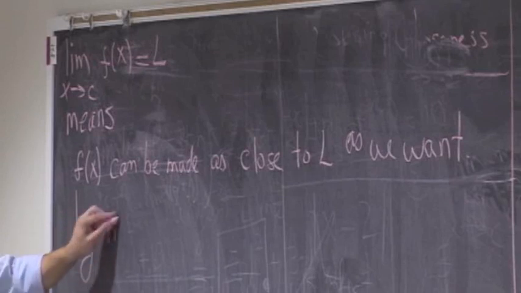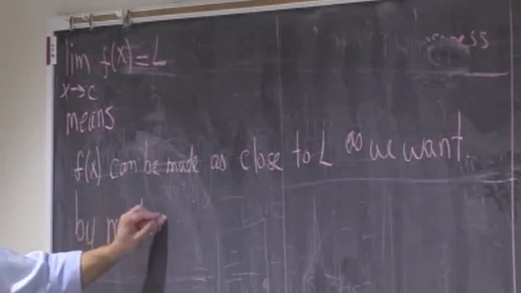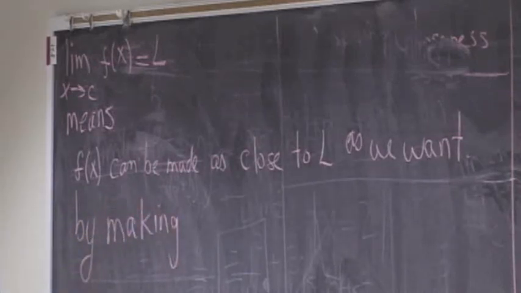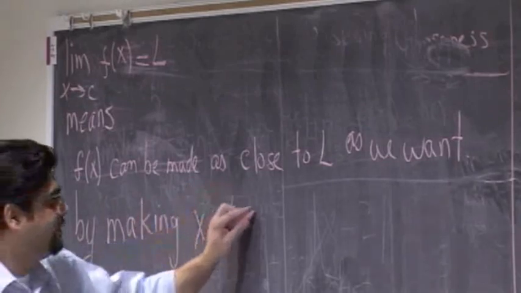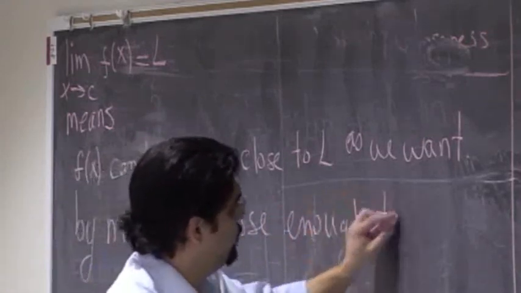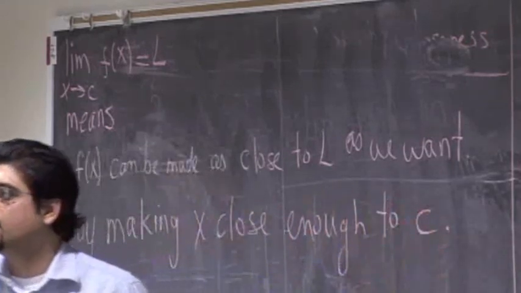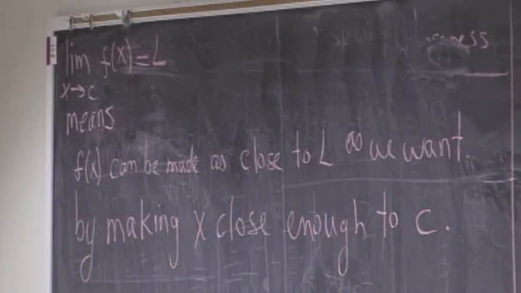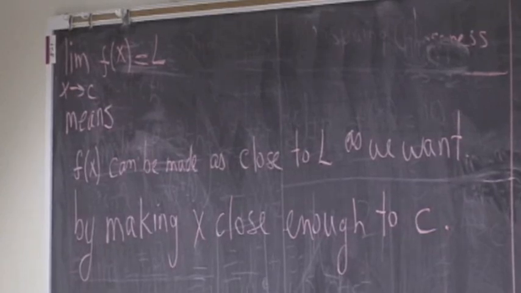By making what? X close enough to c. Okay? This is still the informal definition, but now that we have this new language of absolute values, let's translate it to this new language.